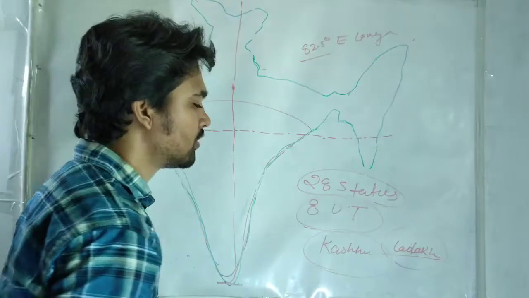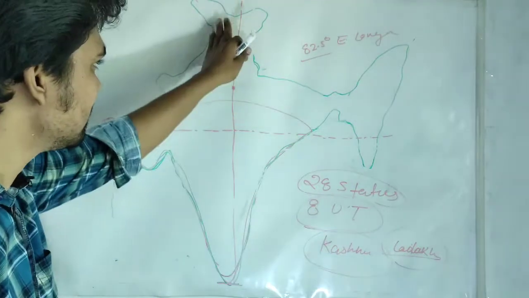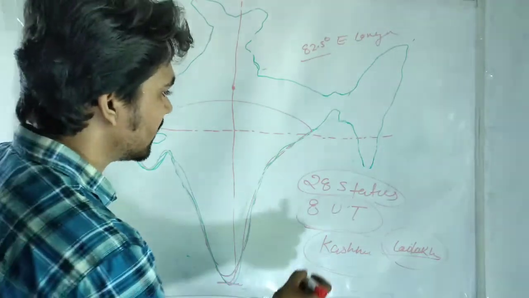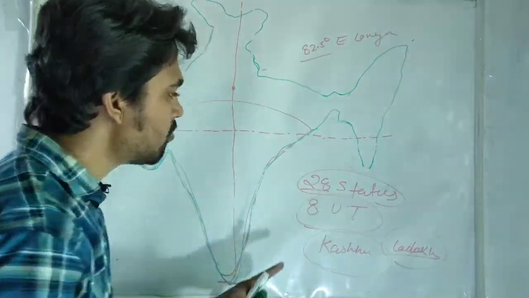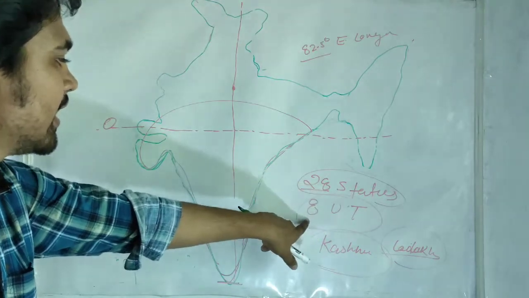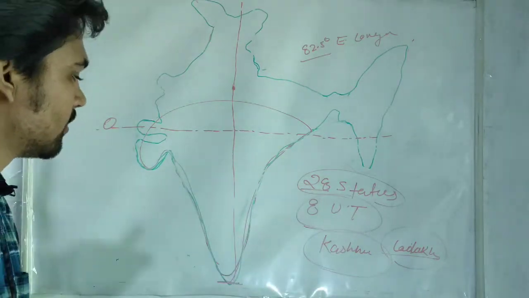So here one state is split into 2 union territories. Previously there were 29 states, but now after the split there are 28 states and 8 union territories.